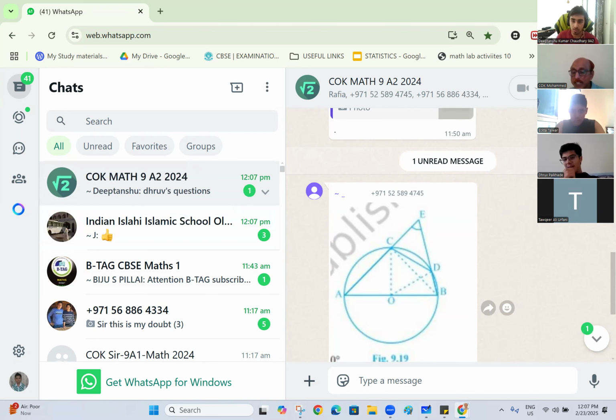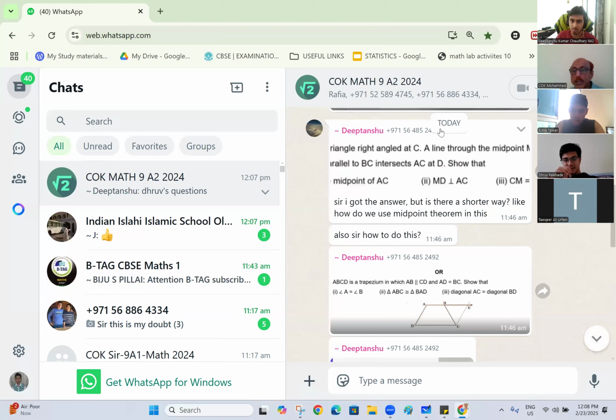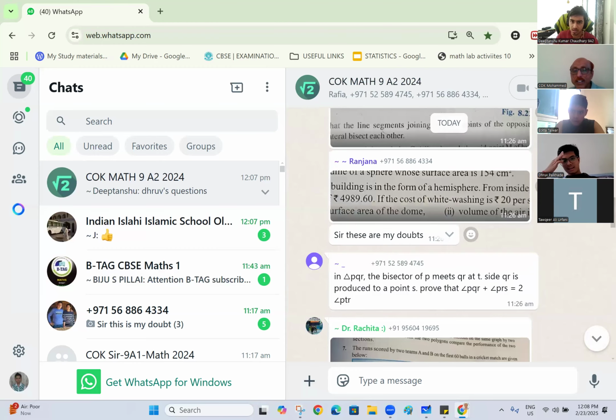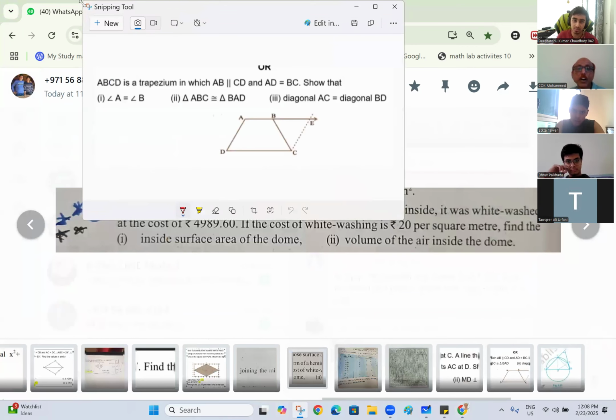Which one? This one? Above. Even more above. Yes, sir, the dome of the building and the line segments joining. Okay, there's another one above this. Okay, sir, no problem.